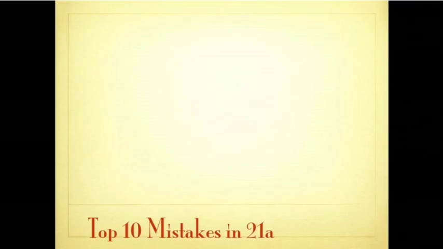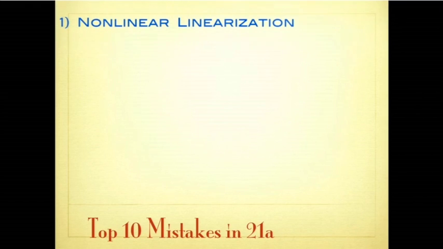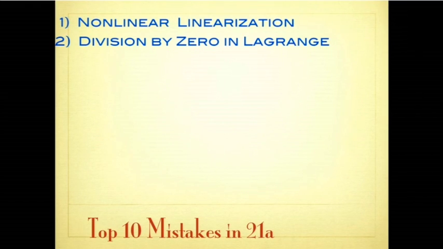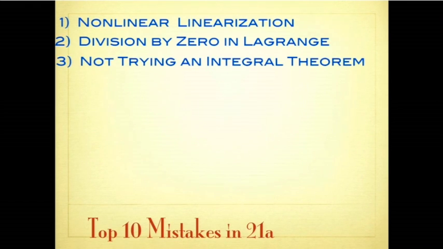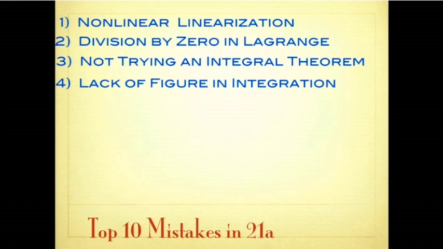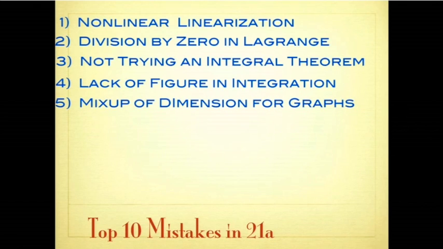Anyway, so you have to look at that. And so in 21A, just a list of mistakes. Number 1, division by 0 in the case of Lagrange. We have just done that. Not trying an integral theorem, that's a very important thing, especially tomorrow we will do that. Lack of a figure in integration, that's essentially a guaranteed mix-up of dimensions for graphs.